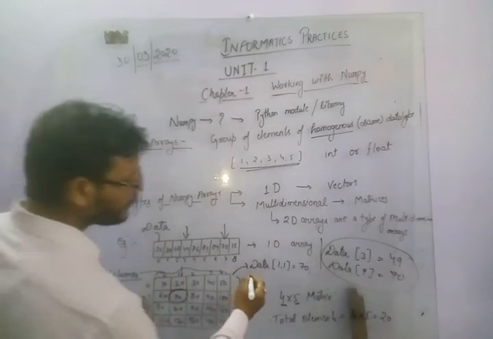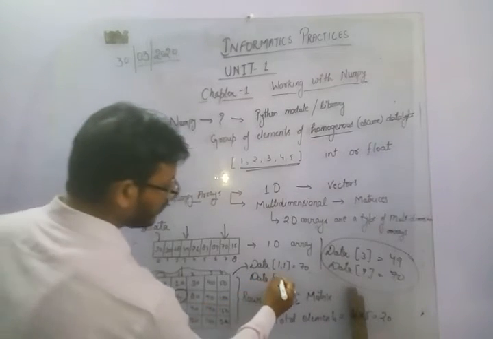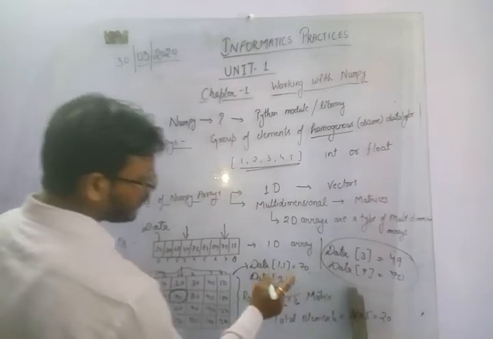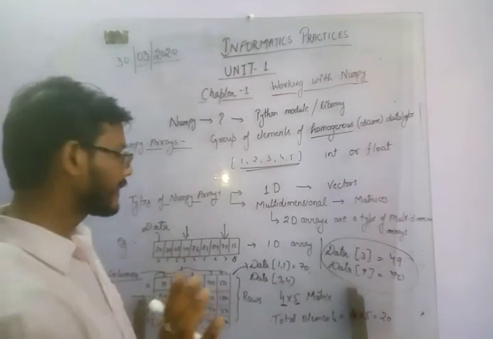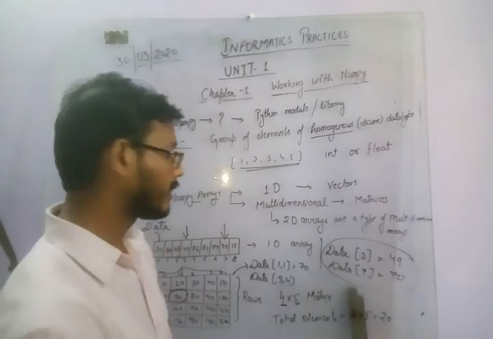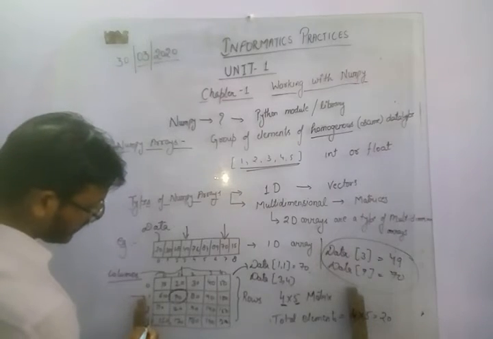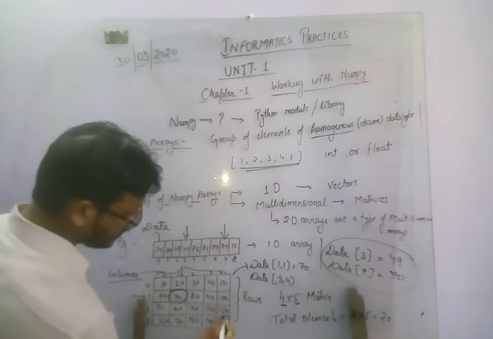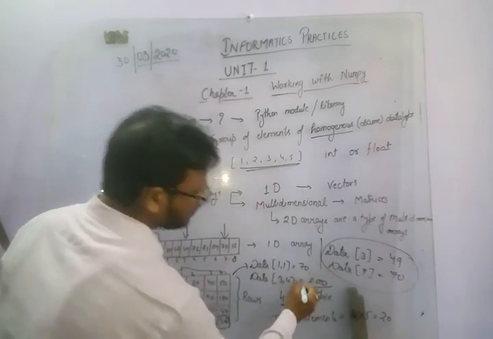Similarly, if we write data[3,4], it means the row index is 3 and the column index is 4. So the third index of row and the fourth index of column is here, so we will get the value 200.